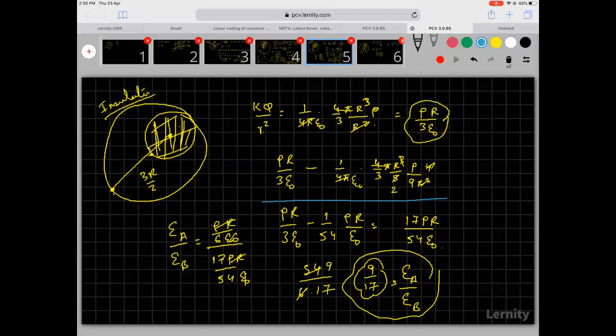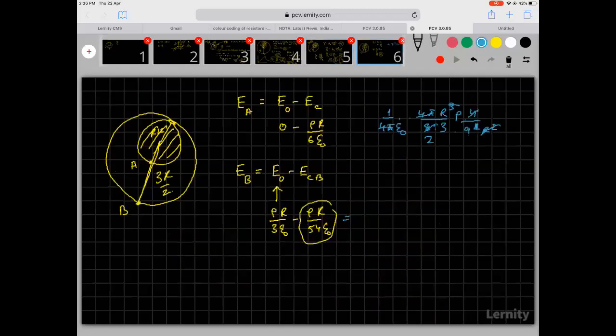Whenever any sphere has uniform volume charge density, we understand that it has to be an insulating sphere. Then inside that there is a cavity of r by 2. So we dug a cavity r by 2, and then we found out. Same thing I have done here. This explains it a little bit better.